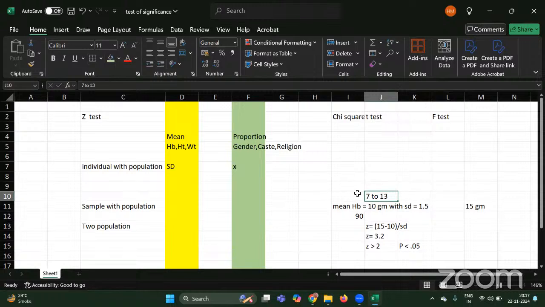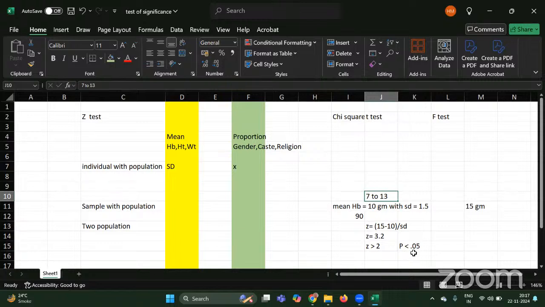More than 13 and less than 7, both will be covered in the 5% zone. So the probability that a 15 gram individual belongs to this population is less than 0.05.